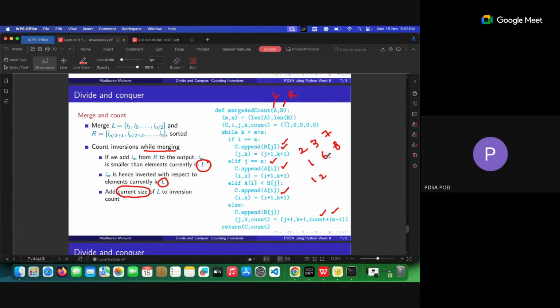Whenever you add 6, you might have to cross elements, and in this crossing you can find it.